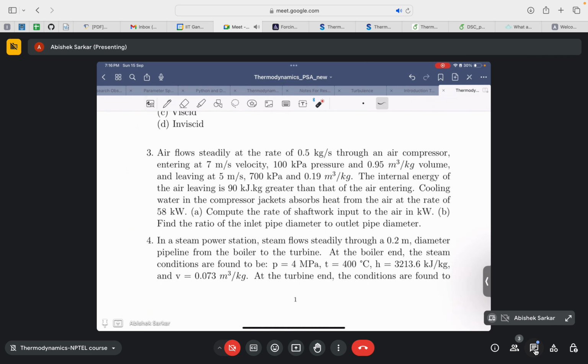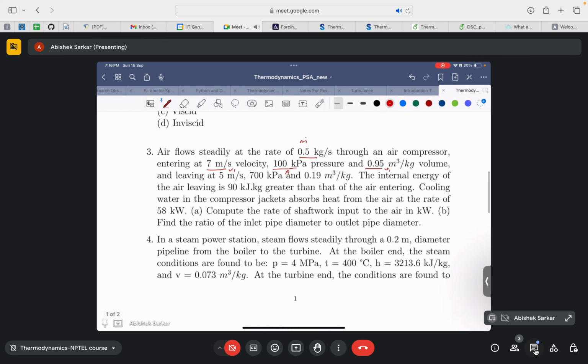Air flows steadily at the rate of 0.5 kg per second. Okay, so we have m dot in our hand, through an air compressor entering at 7 meter per second velocity V1, 100 kilopascal pressure P1, and 0.95 meter cube per kg volume small v1, leaving at 5 meter per second V2, 700 kilopascal P2, 0.9 meter cube per kg v2.